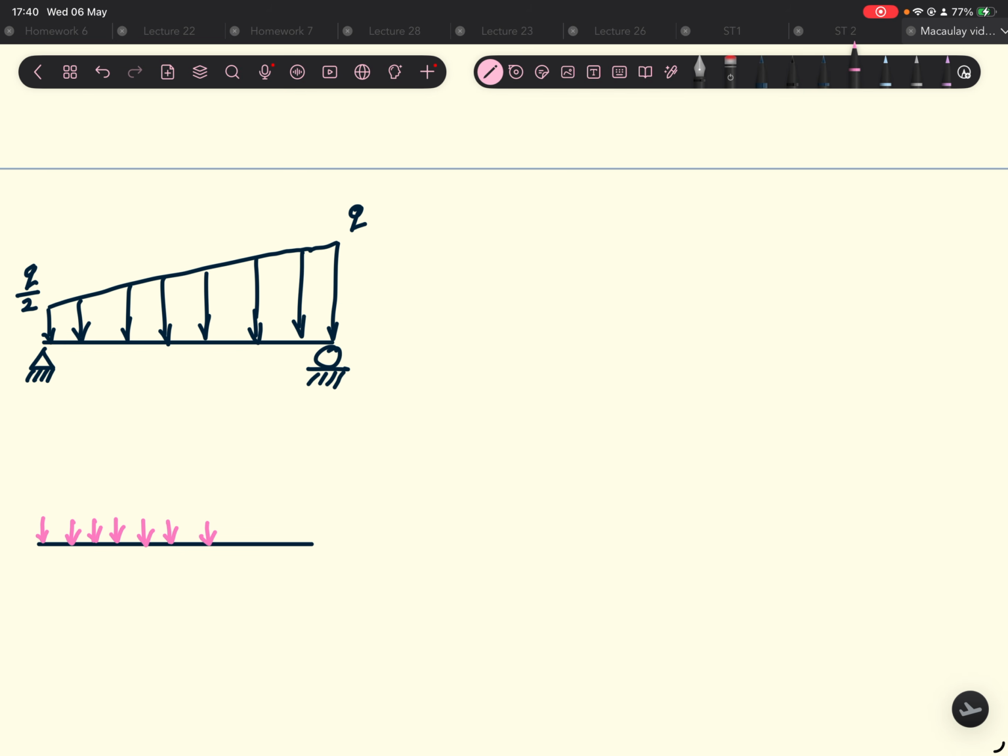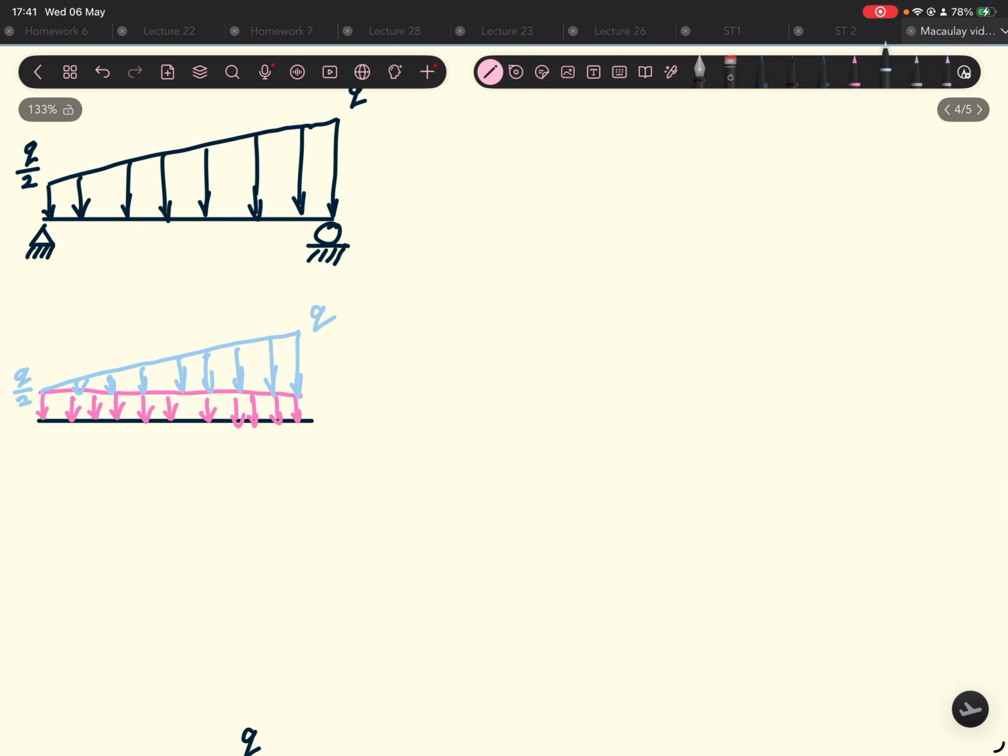So I'm just going to write this bottom portion, and then you're going to have your triangular portion. So you're going to get Q, then Q over 2, and then reaction forces.